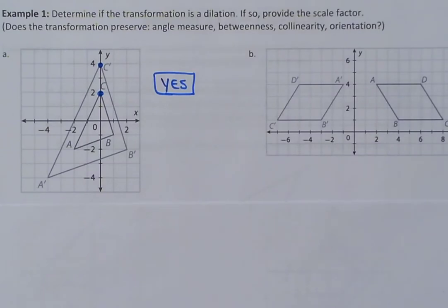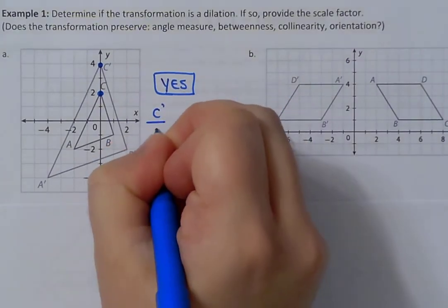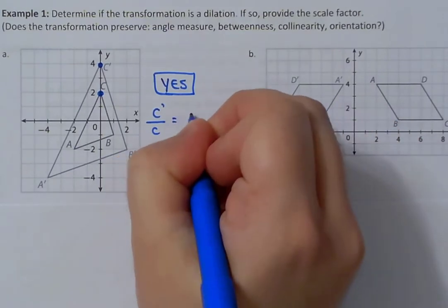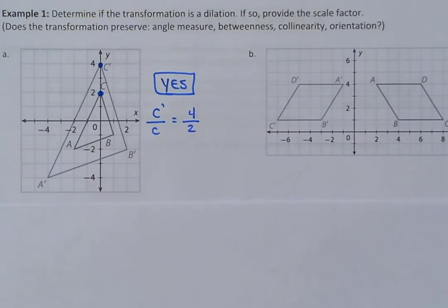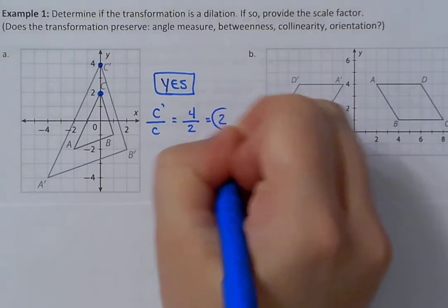Remember, we need to take the prime over the original. So we're going to set up a ratio of C prime over C, which means we have 4 over 2. And if we simplify 4 over 2, we get a scale factor of 2.